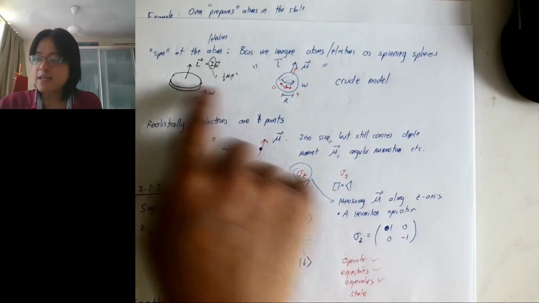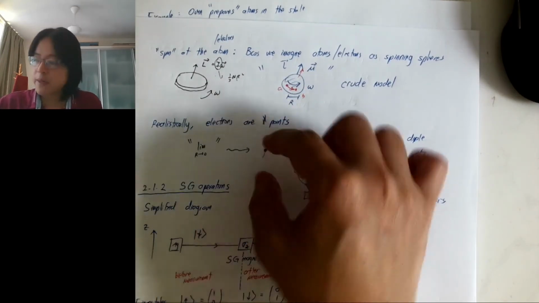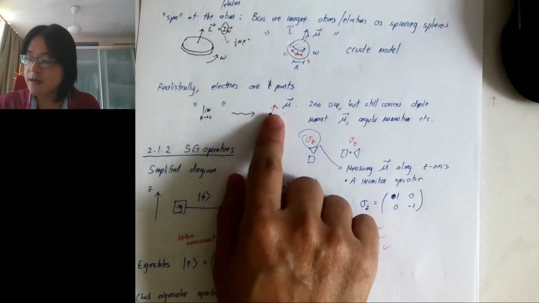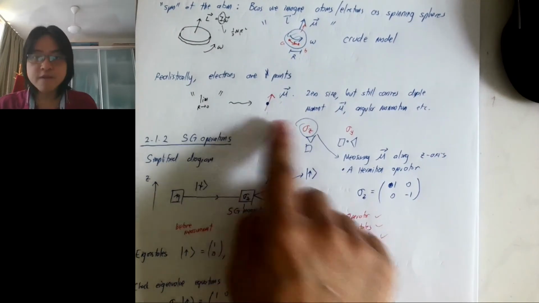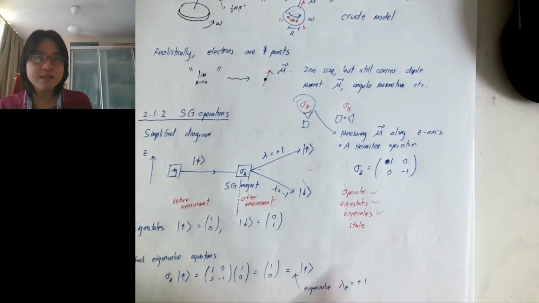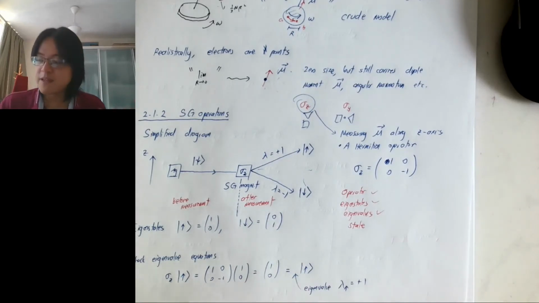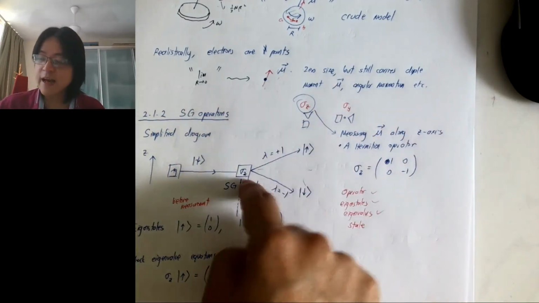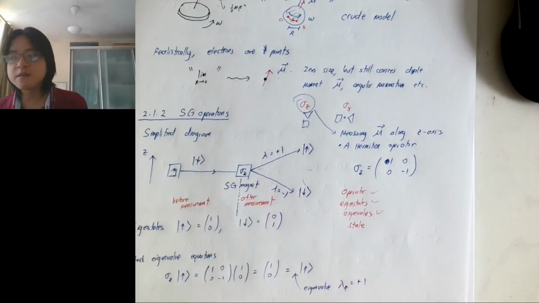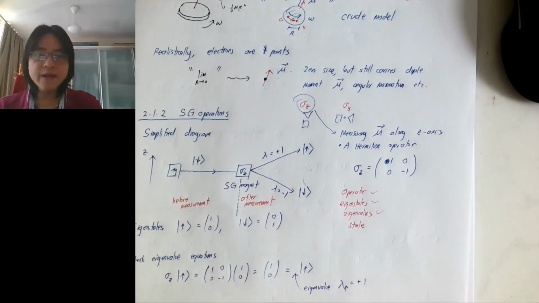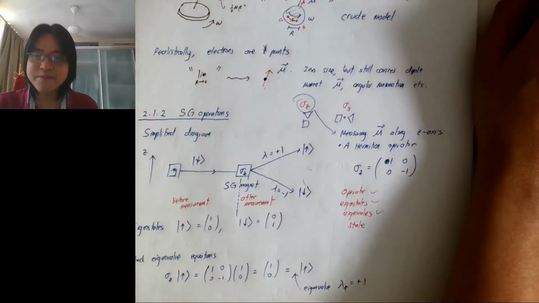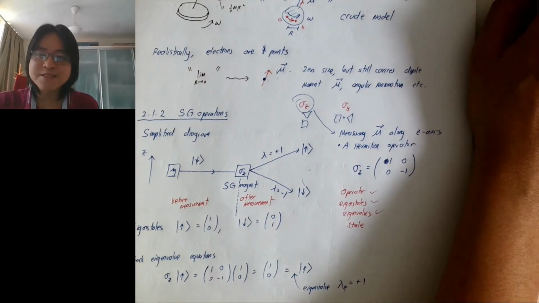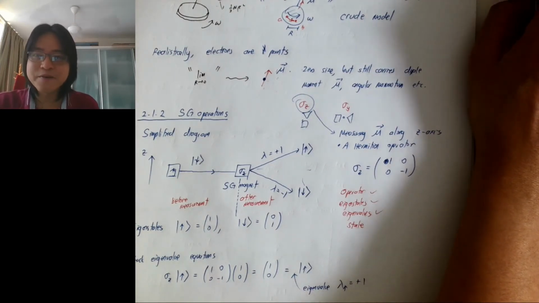So we can't imagine spinning spheres anymore, but we can still define two states with observables with eigenvalues. It all legitimately exists, and is something that we can measure in experiments. Whether it's tricky or simple depends on your point of view.